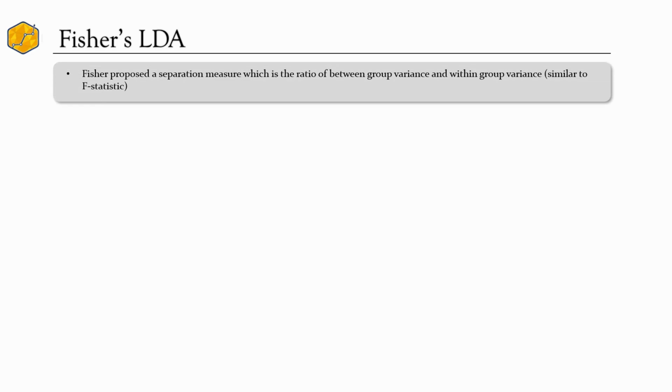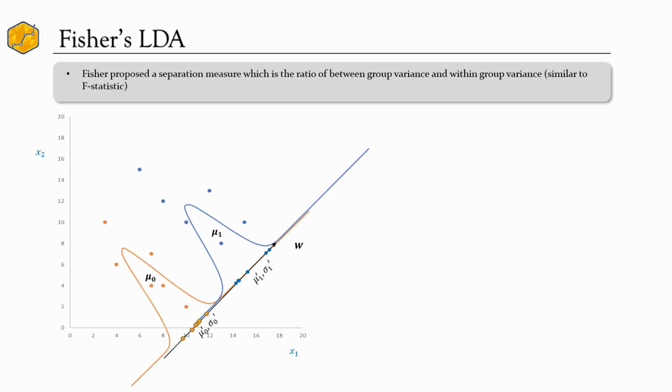We can calculate the projected means, which are simply the dot product of the original mean vectors and W hat. These are the original mean vectors. The mean of the projections, or the projected mean, is the shadow of these means on the W vector, right?